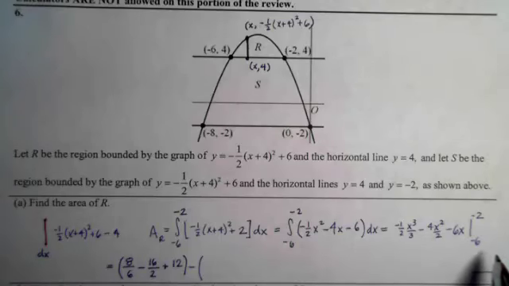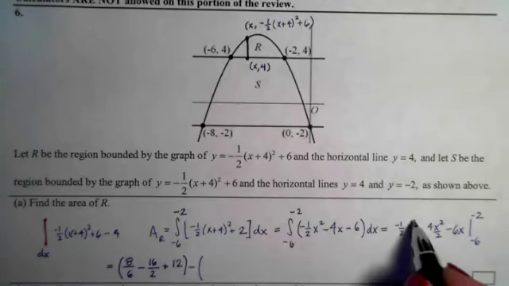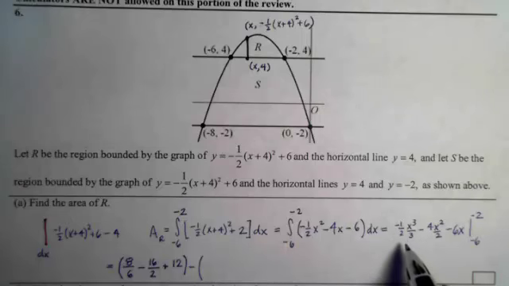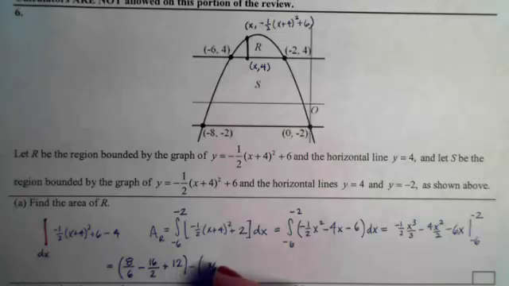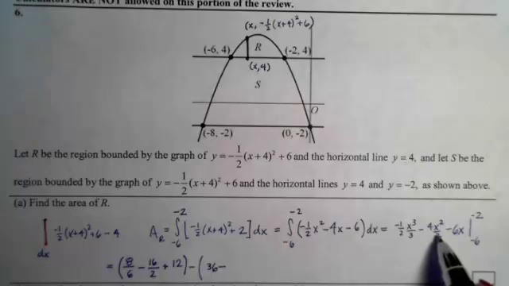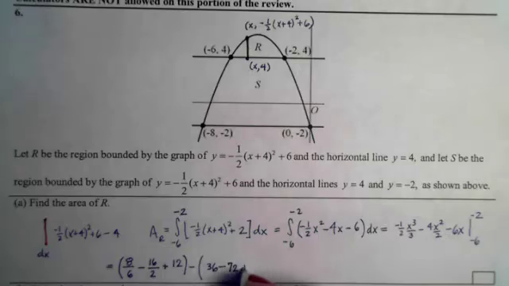I'm going to simplify this a little bit because I'm going to have a 6 cubed and a 6 on the bottom, so that's really just going to be a 6 squared, which is a 36, minus a 6 squared is a 36. I'll reduce that, so that's a 72. And then I'll add that -6 times -6 is a 36. That's kind of nice because the 36s and 72s cancel out. So really I'm just looking at this.